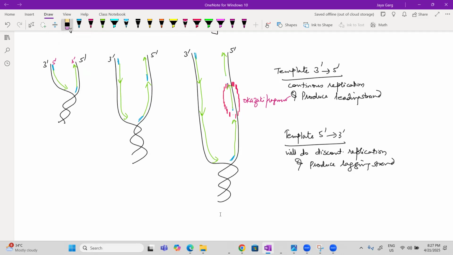It will remove the primer so that DNA polymerase will move further, and the gap which is left will be sealed with the help of DNA ligase. DNA ligase will seal the gap. I have to remove the primer from here also. And this is the way the working is done.